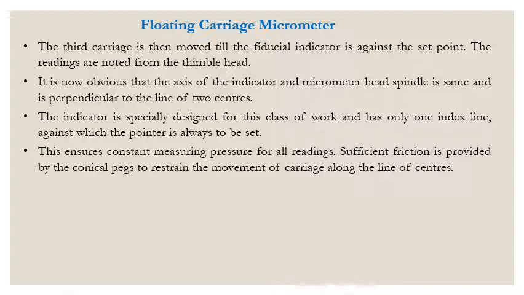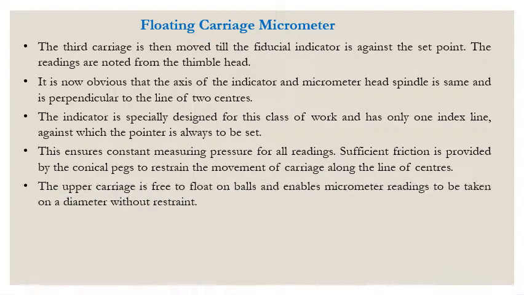Sufficient friction is provided by the conical pegs to restrain the movement of the carriage along the line of centers. The upper carriage is free to float on balls and enables micrometer readings to be taken on a diameter without restraint.